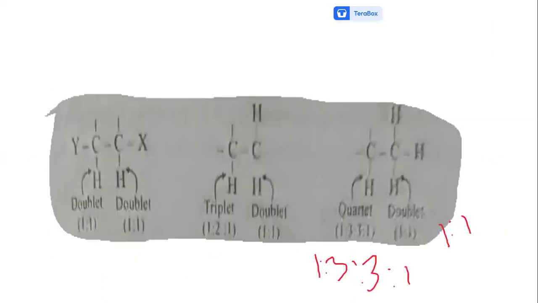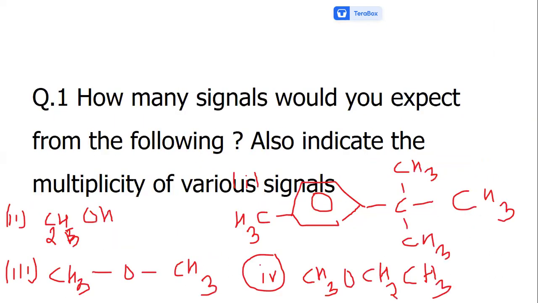Let us now discuss some questions or problem solving related to NMR spectroscopy. Question first: how many signals would you expect from the following? Also indicate the multiplicity of various signals.